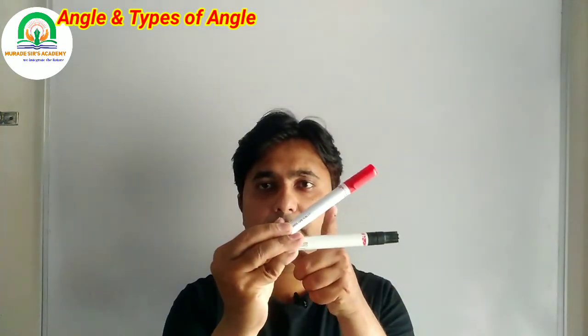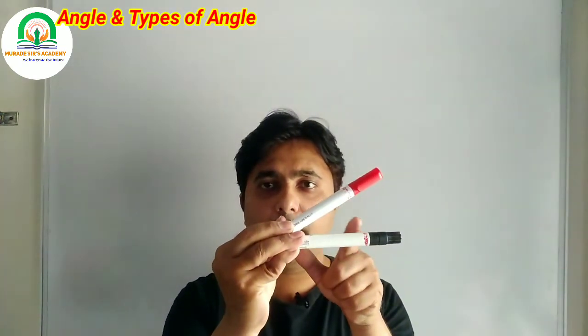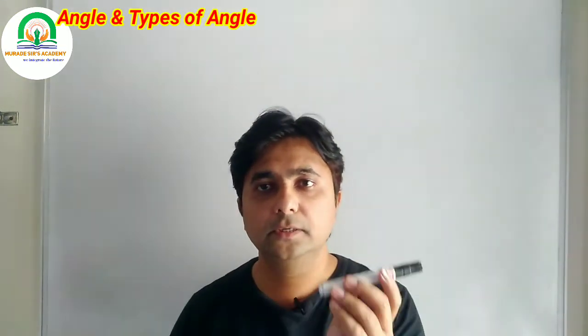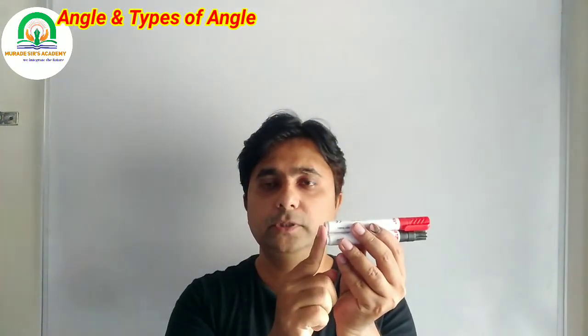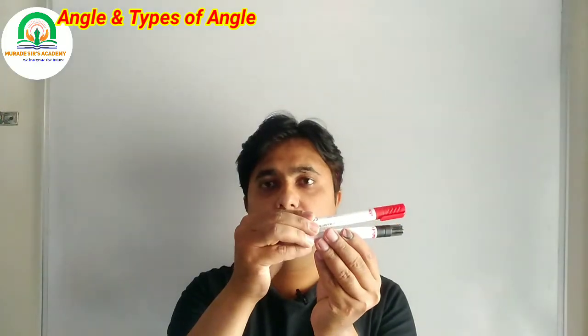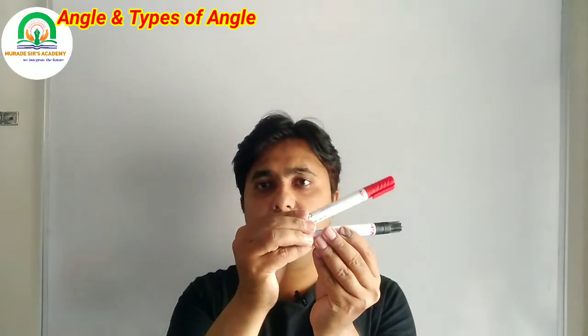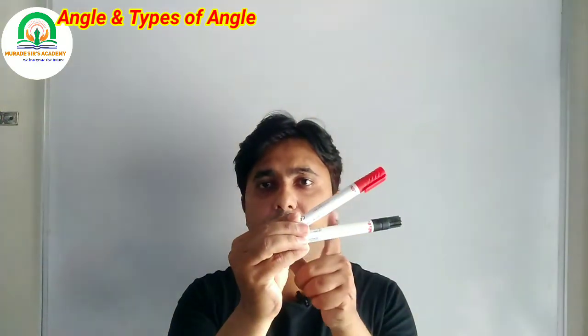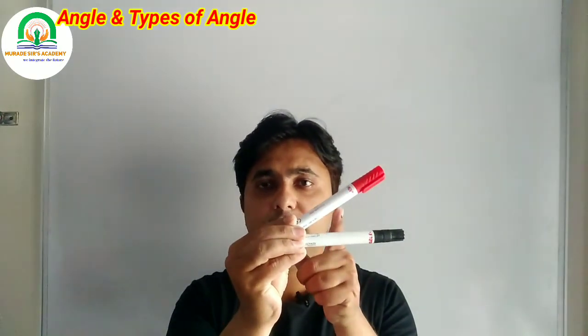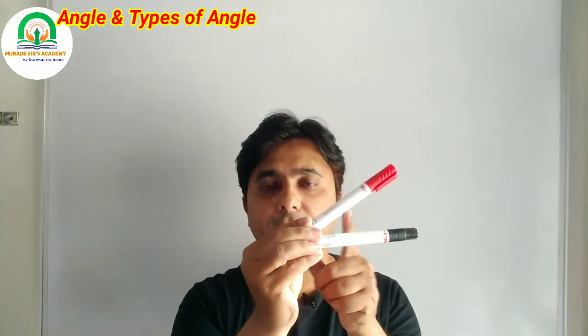This traced space is called an angle. Once again, I repeat: this is one ray and this is another ray, connected at a common point, and because of this red ray, some space is traced in between the two rays. This space is called an angle.